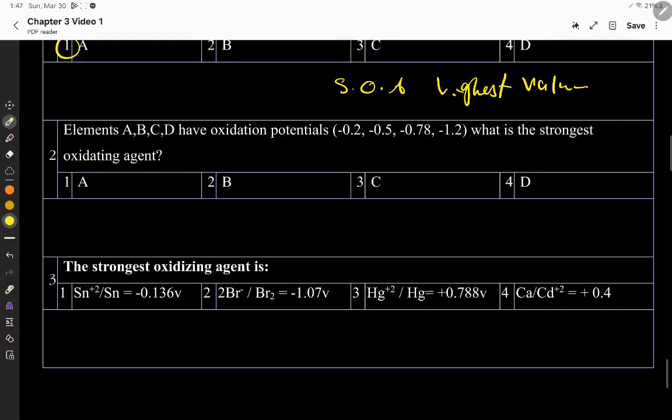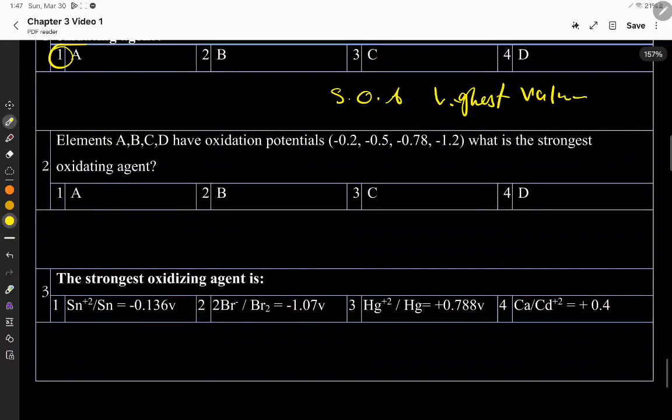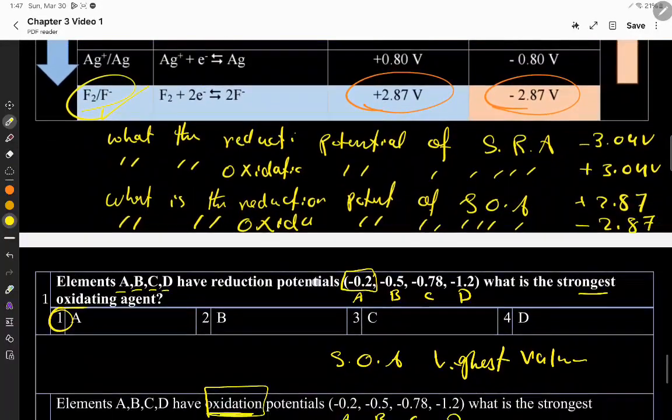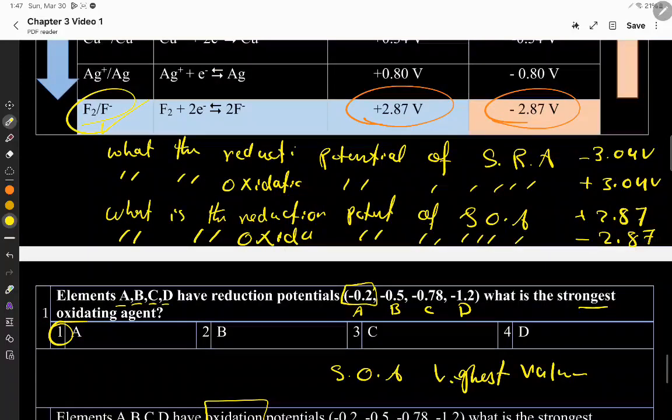It tells you here, elements A, B, C, D have oxidation potentials. What is the strongest oxidizing agent? Now A, B, C, D. In this case, it tells us the oxidation. These are oxidation potentials. The oxidation potential of the strongest is the least value.